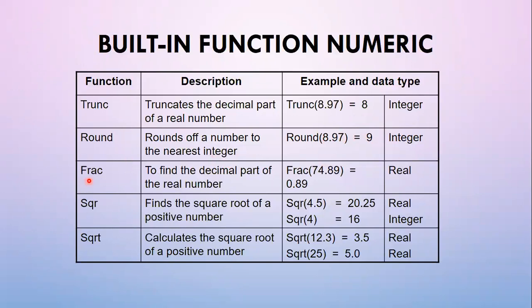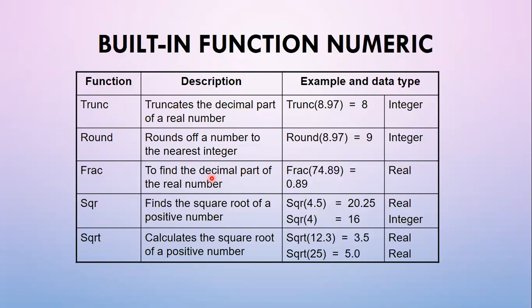Then Frac. Okay, quite a harsh word to say. Frac is to find the decimal part. So Trunc dropped my decimal, whereas Frac focuses on it. Sorry, I got Div and Mod completely confused there.